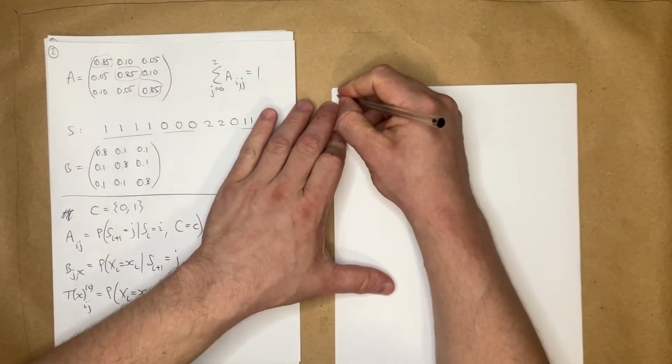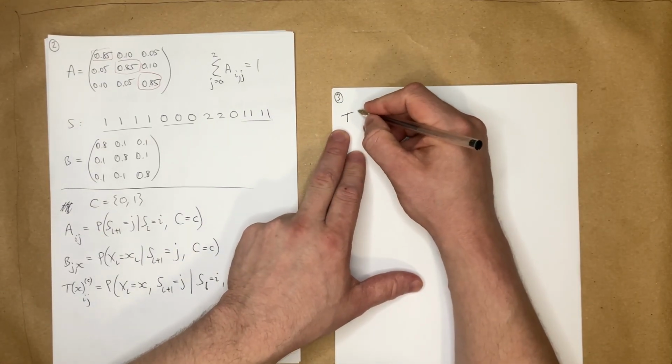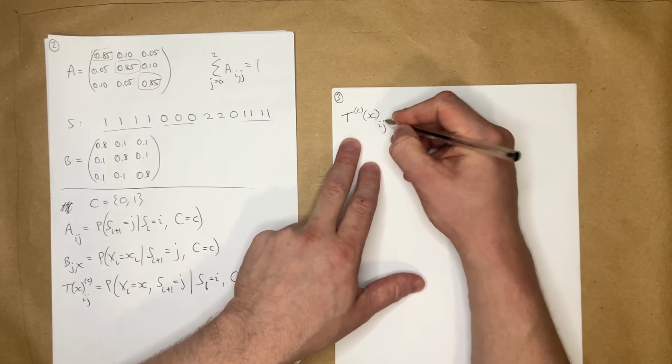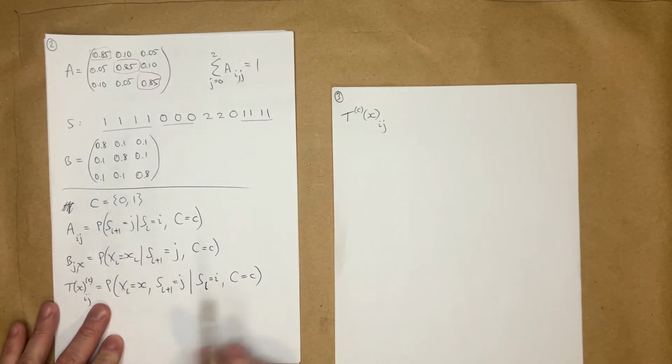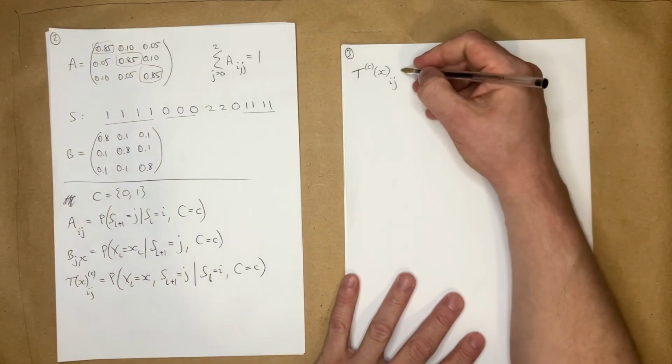So I can write T by factorizing it carefully. I'm actually going to put C in superscript before the X there. So T of i and j is equal to this expression here, but I can factorize it.